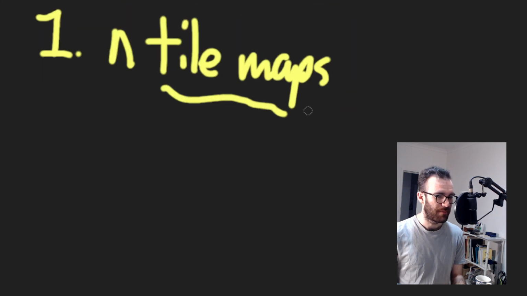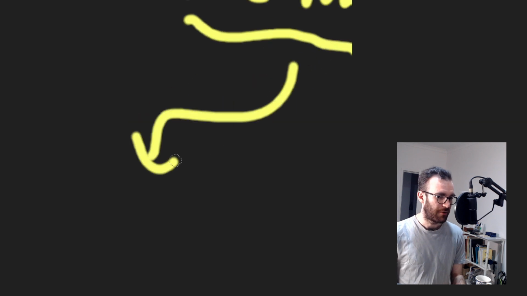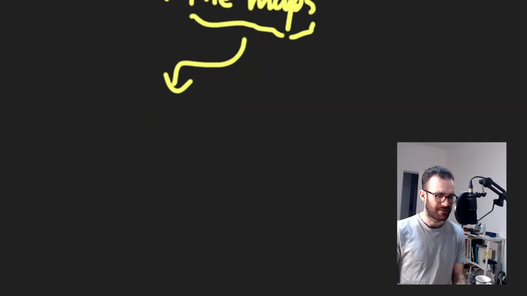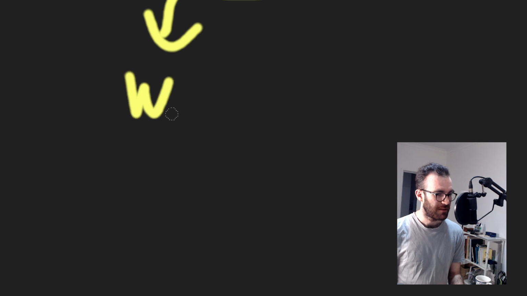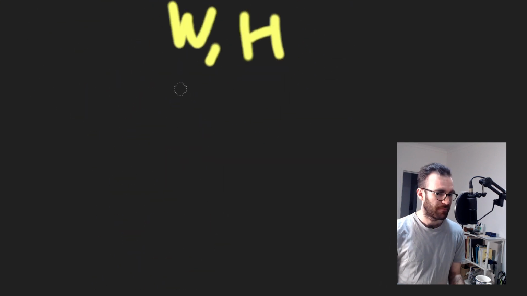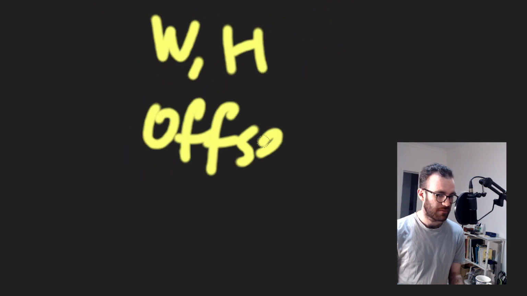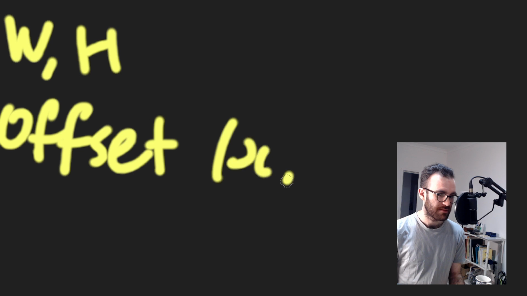So what do we need to define a tile map? Let's draw a better arrow. A tile map has a width and a height. It has an offset, x, y.